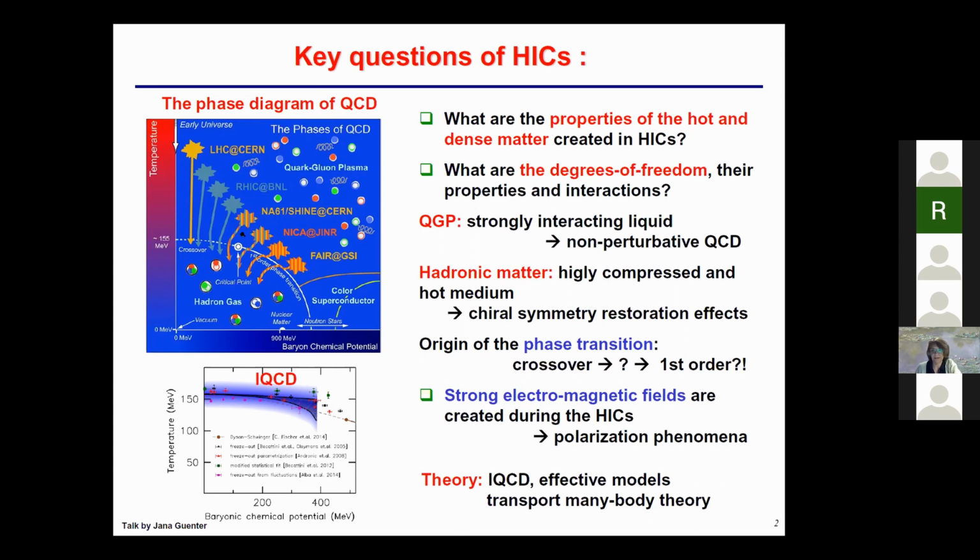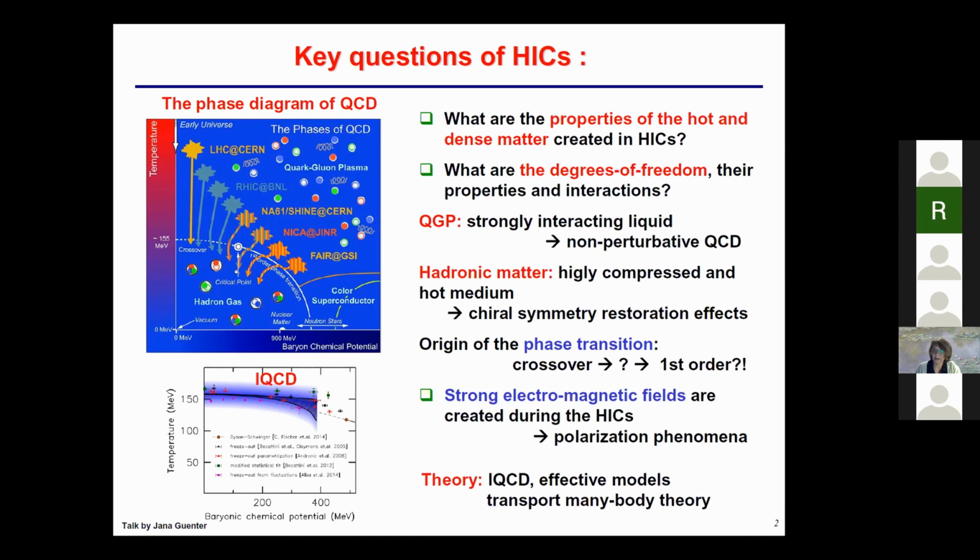One very important question is: what are the properties of the hot and dense matter created in heavy ion collisions? And also, what are the degrees of freedom and their properties and interactions?